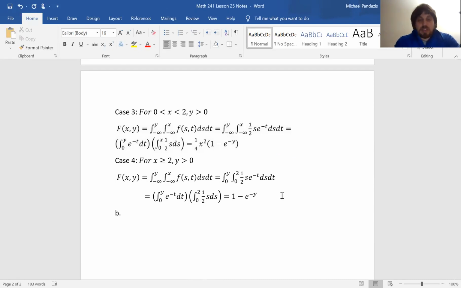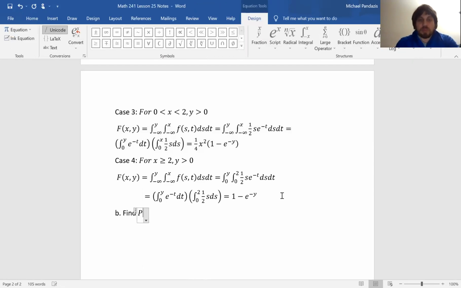Okay, part B. Find the probability that 1 is less than or equal to x, less than or equal to 2, and 3 is less than or equal to y, less than or equal to 4.